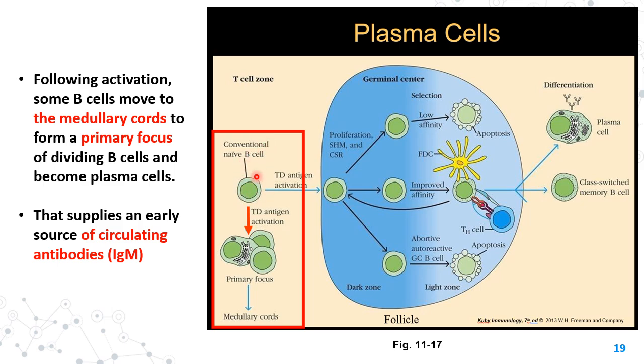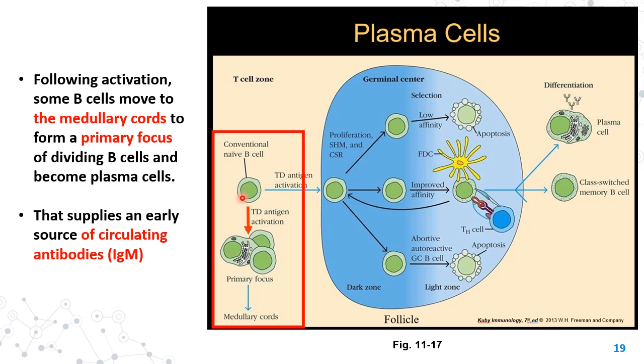So B cell gets there. If it gets activation by your T cell, then it can form your primary follicle, a secondary follicle, and get activated into differentiating those antibodies, okay, antibody class switching, right?